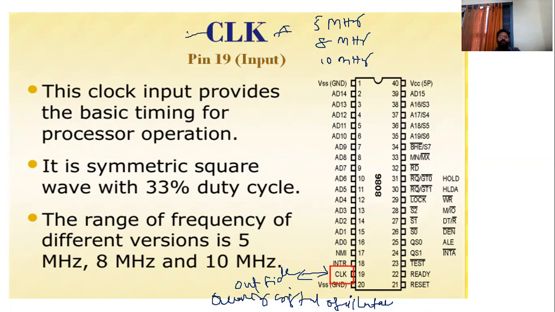Then who supplies these clocks? The quartz crystal oscillator supplies the clocks, 5 megahertz, 8 megahertz, 10 megahertz, depending on the versions. It is continuously supplying the clocks. But as you know, the read operation requires 4 clocks, the write operation requires 4 clocks, and so on. So who divides that number of clocks? That is divided and aggregated by the timing and control unit.